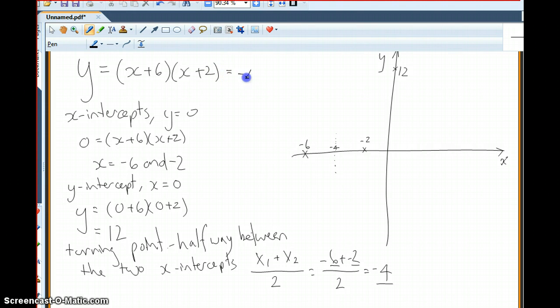So if I put minus 4 into the equation, minus 4 plus 6 multiplied by minus 4 plus 2. Minus 4 plus 6 is 2. Minus 4 plus 2. Answer? Negative 4.